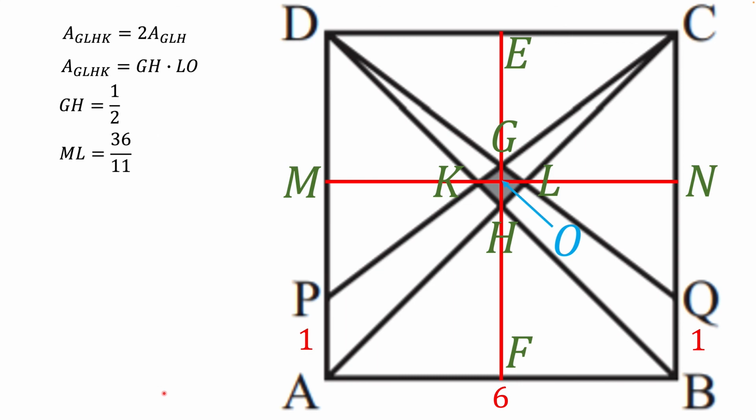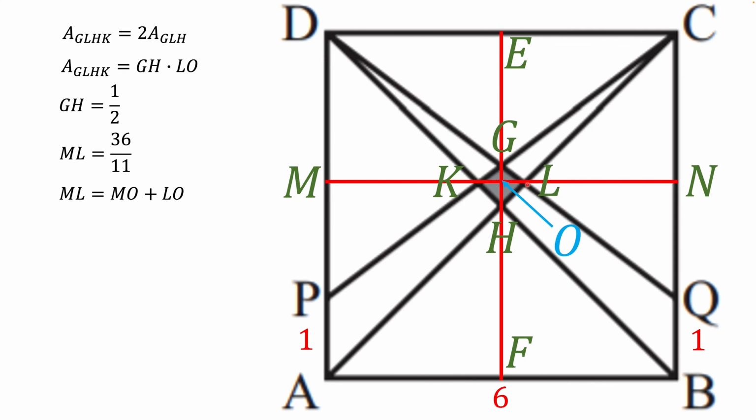Now, that's good, but I'm not interested in ML. I'm interested in LO. To understand what LO is, if you look at the whole ML, we can split it in two parts. One is MO, and the other is LO. And MO is half of the side of the square, so MO is 3, and the rest of it is LO.